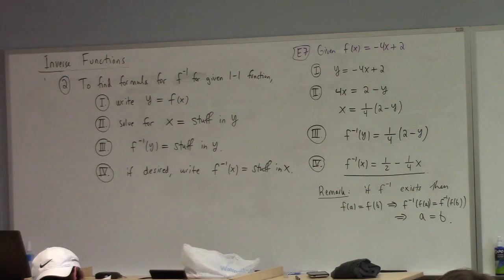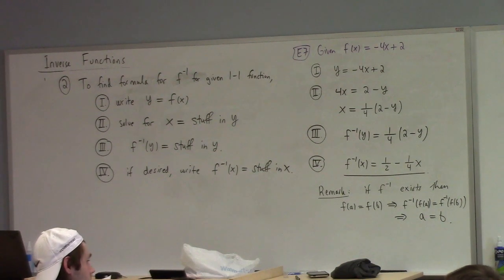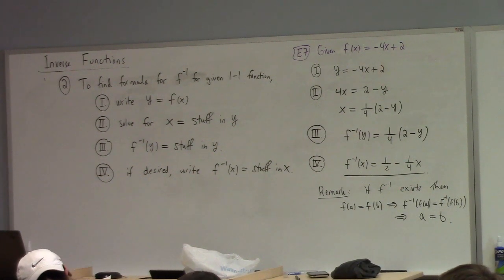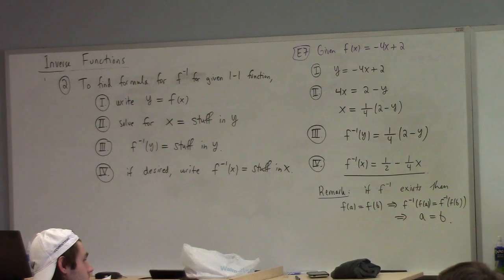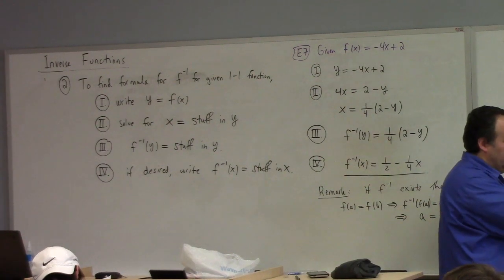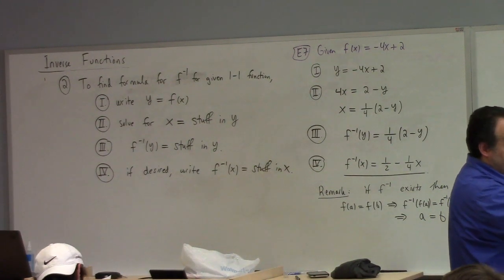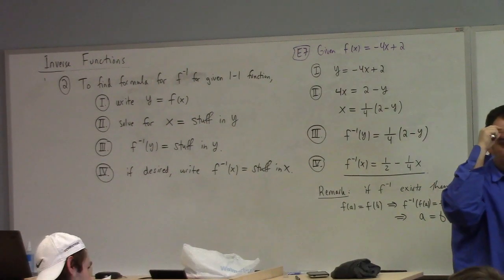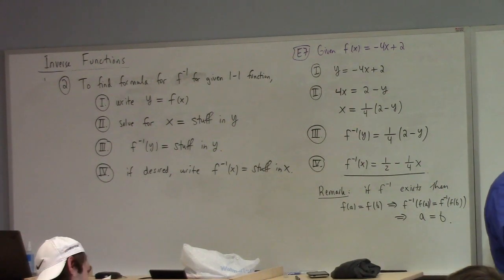So f inverse of y is 5/9 times y minus 32. And that tells me how to convert what? To convert Fahrenheit to Celsius. For example, if I have 32 Fahrenheit, how many Celsius?